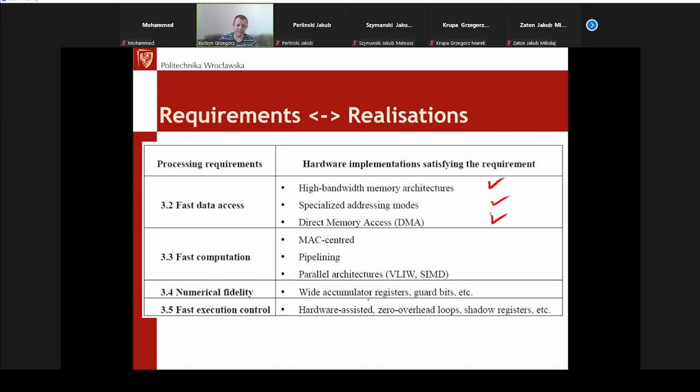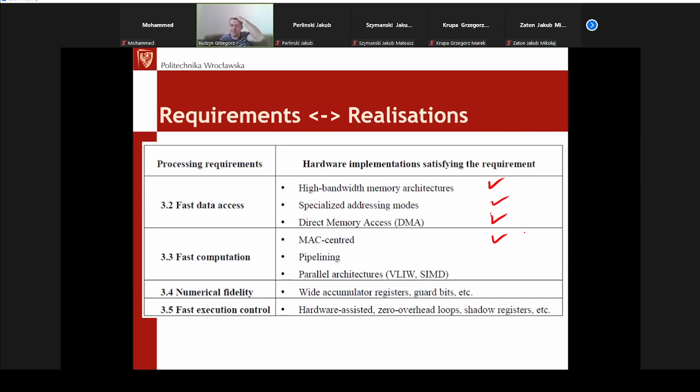In case of the fast computations, we've got naturally multiple mathematical units usually. MAC-centered, which means that there are special units for making them multiply and accumulate as a single cycle operation, or in a highly optimized way. That's usually what we have. Then we've got very often the pipelining.